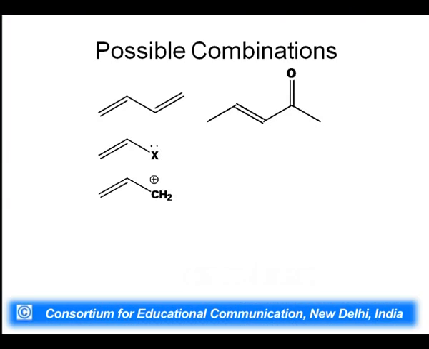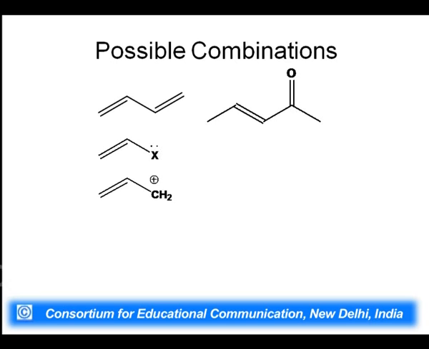Similarly, in place of X there may be a carbocation; I have placed here CH2 plus. A carbocation in conjugation with the double bond may also give rise to another resonating structure.